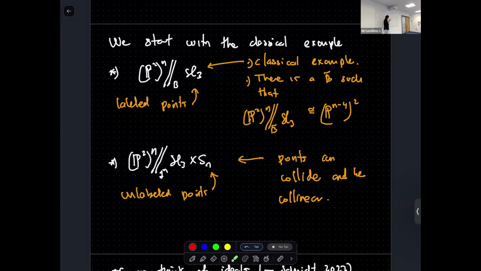It's been classified for lower n. I've seen a classification for 5 and 6 points. But in general, when you change this parameter, there can be many varieties that appear as compactifications, and it's not clear what kind of families can appear.